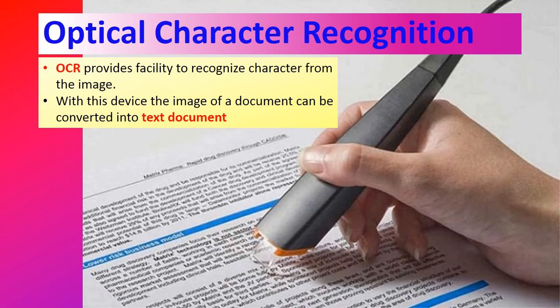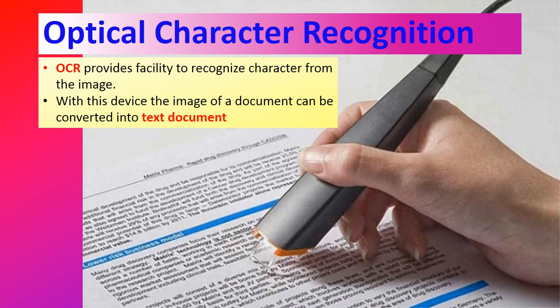So how does it work? It does not only scan what is printed on the page, but after scanning it recognizes the characters printed in that image, and then converts those characters into a text file. Text file means a notepad file or word file or anything like that.